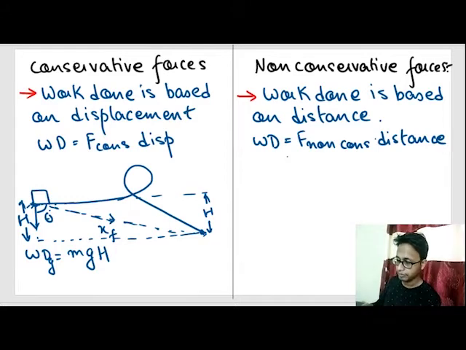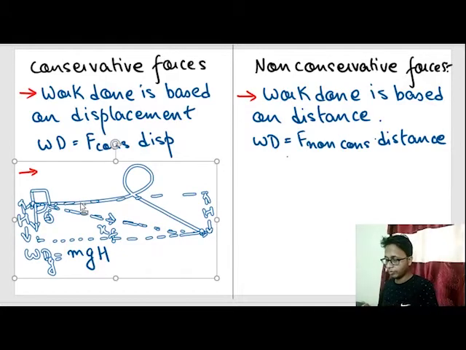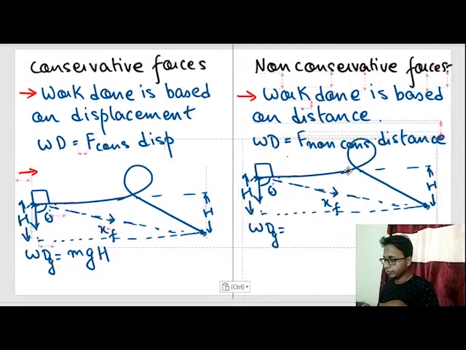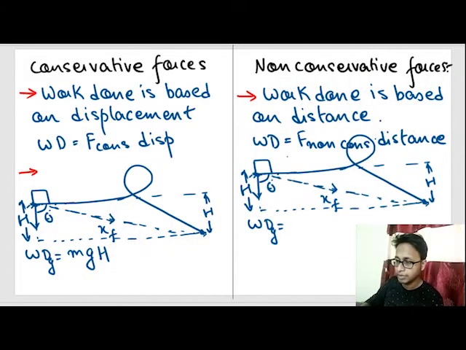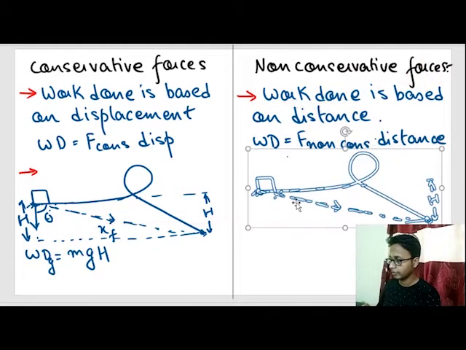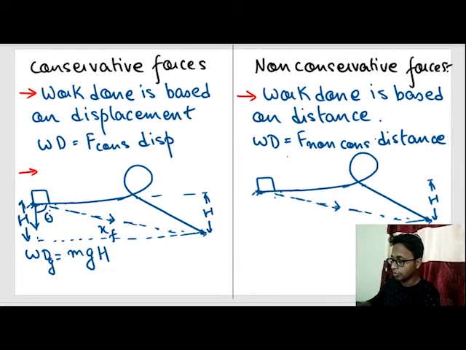Now for non-conservative forces, we draw the same diagram. We copy paste the same diagram out here. We don't need this much, we just erase whatever unnecessary things are there. Now suppose a friction force acts on this block.